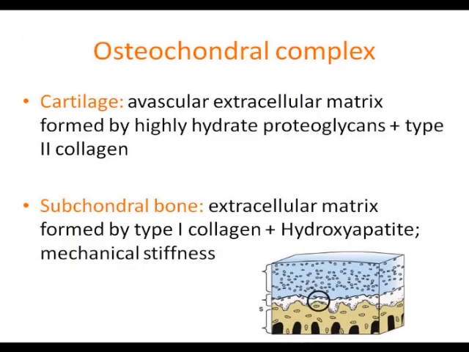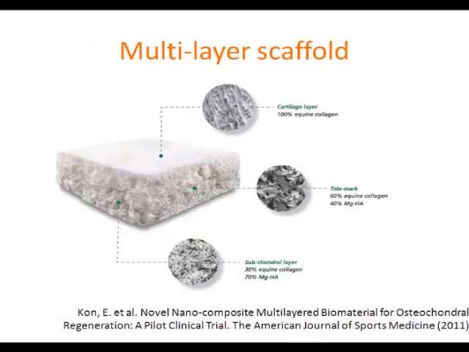So again, we need the cartilage and we need the subchondral bone. So we may use type 1 collagen hydroxyapatite, which carries the mechanical stiffness, and the cartilage on that. And this is very difficult. This is something available on the market.